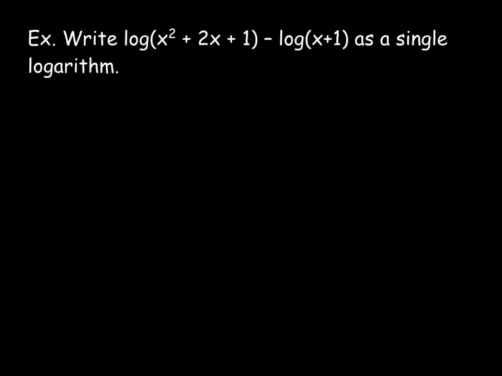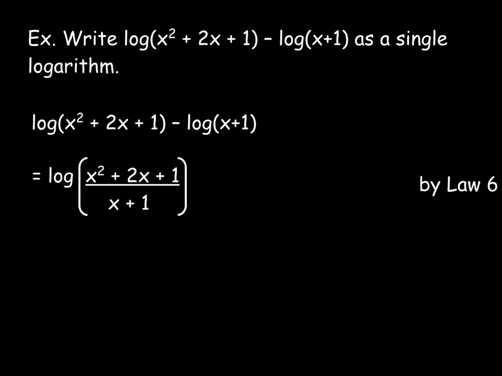Example: write the common log of x squared plus 2x plus 1 minus the common log of x plus 1 as a single logarithm. Applying law number 6, we get the difference of the logarithms is equal to the log of the quotient x squared plus 2x plus 1 all over the binomial x plus 1.